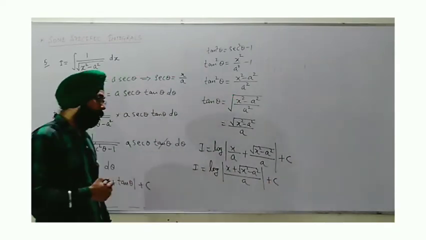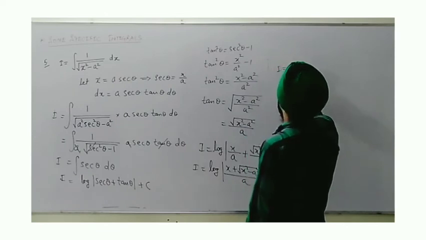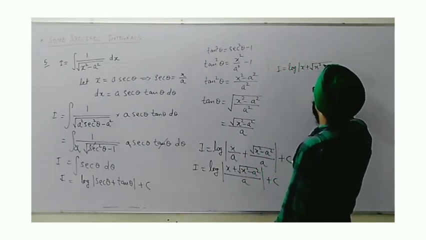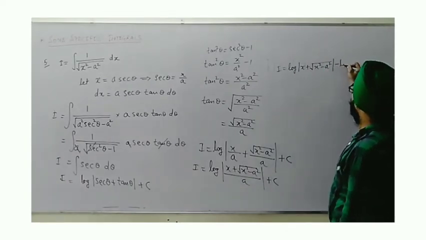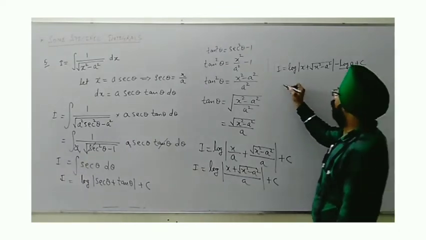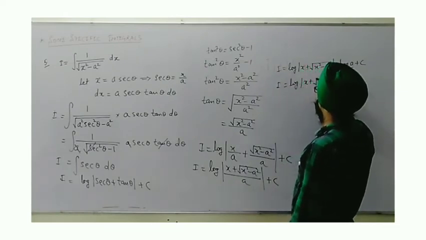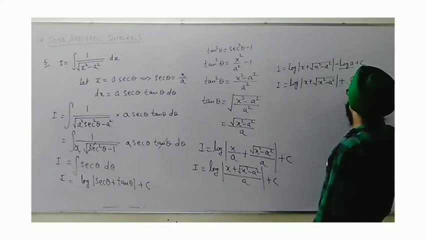Further, if I apply the properties of log, this can be split into two parts: log of x plus root x square minus a square, minus log of a, plus c. As this is constant, these two will be written together as log of x plus root x square minus a square plus c1.